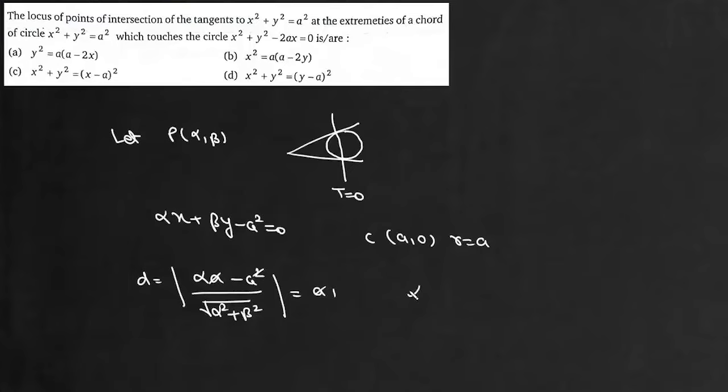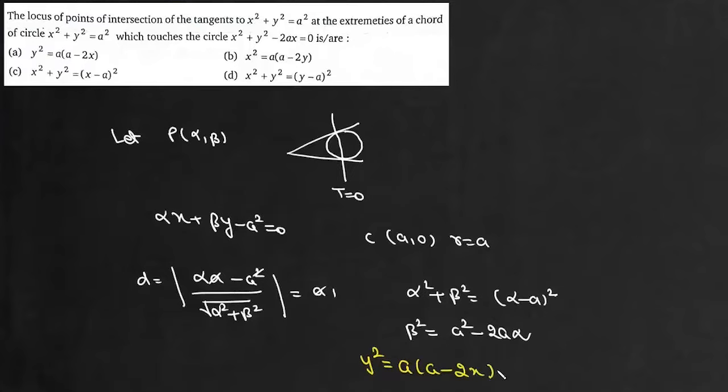If we square it, we'll get alpha square plus beta square equals alpha minus a whole square, or it will be this beta square equals a square minus 2a alpha. So this required locus, it will be y square equals, we'll take a common, and there'll be this a minus 2x, and that's your option A.